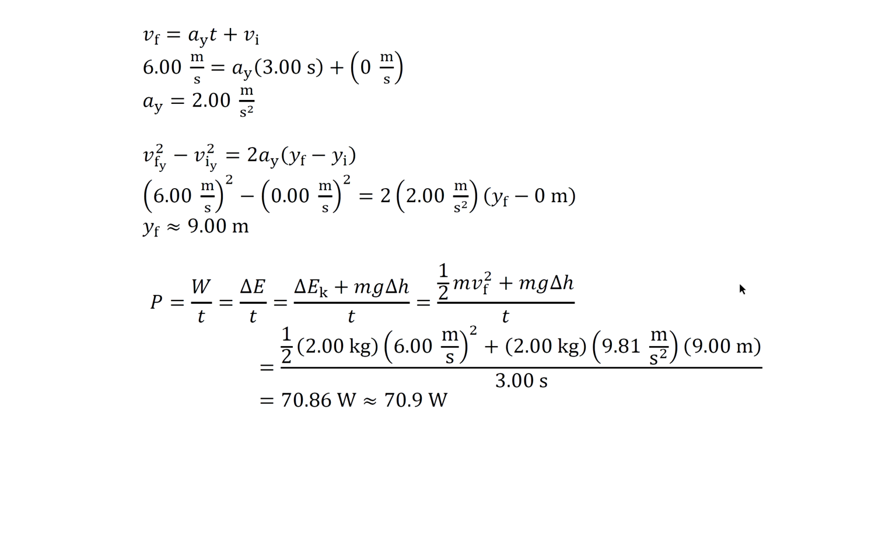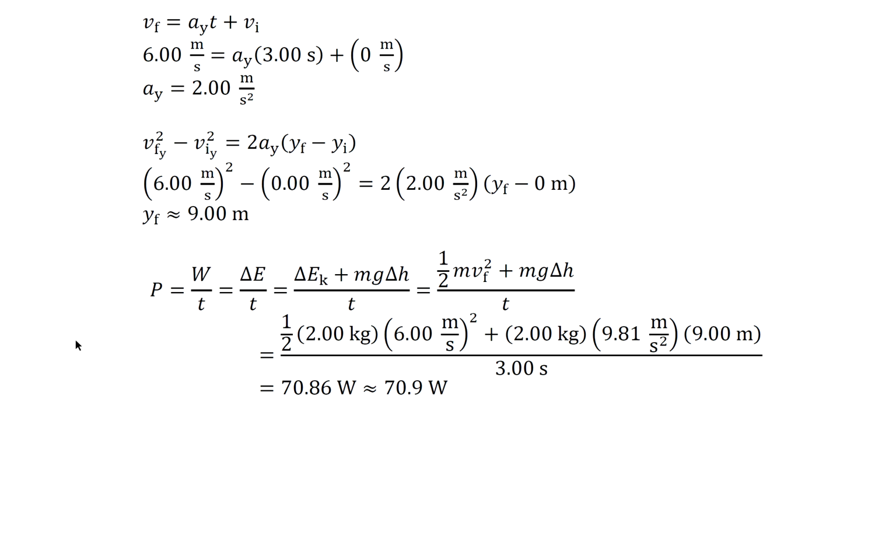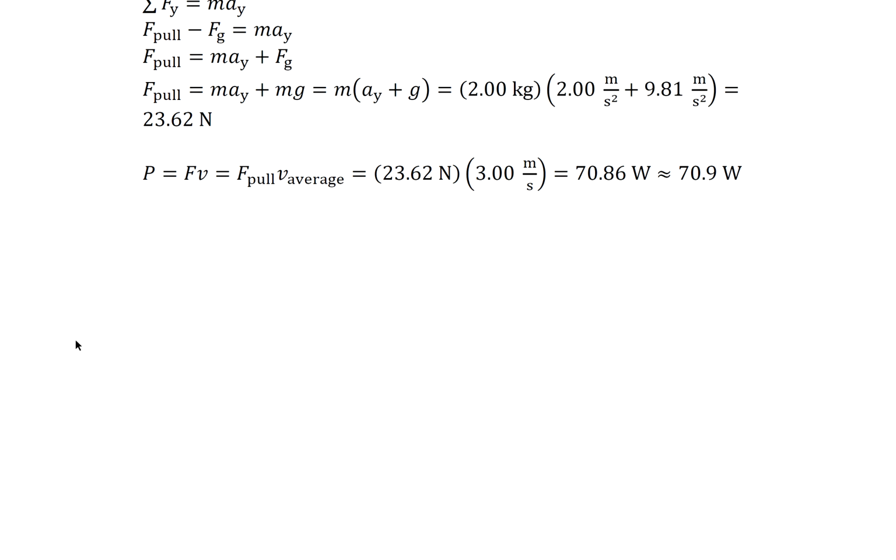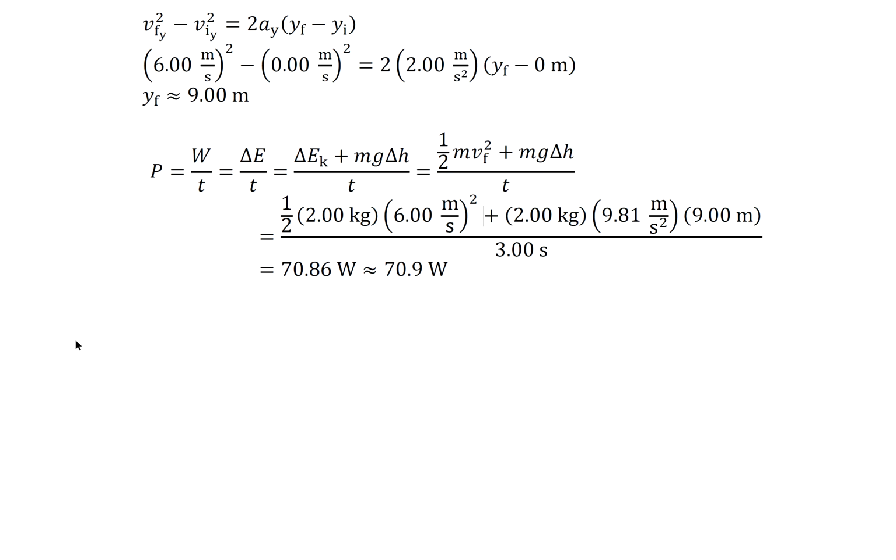So delta H is this, and we know 1/2 m v final squared. And we're going to get the same solution from method 1 and method 2.